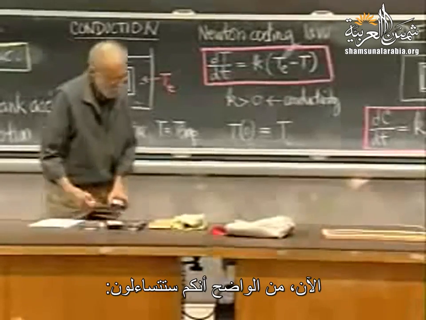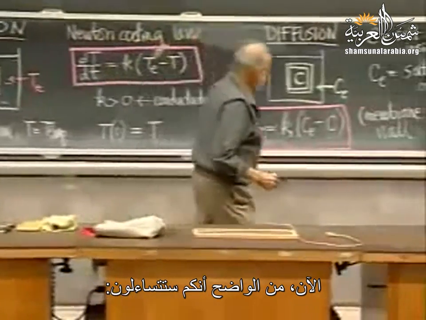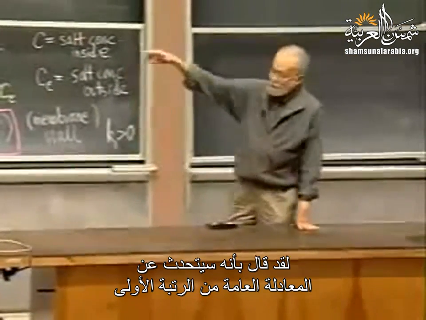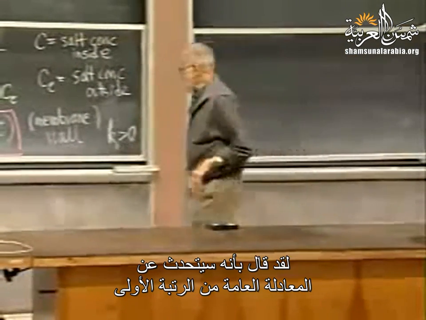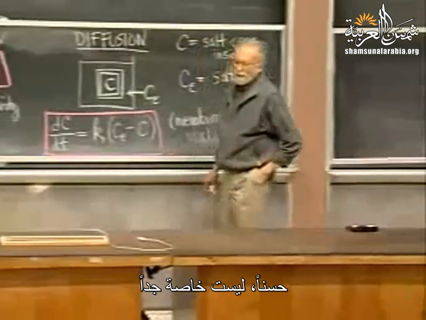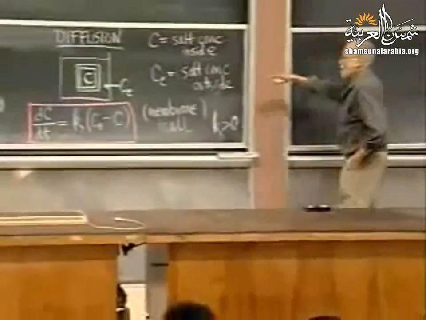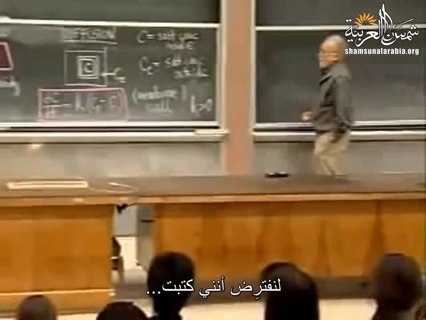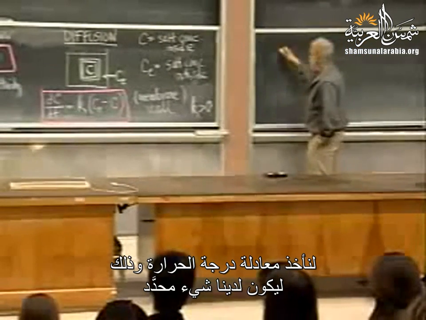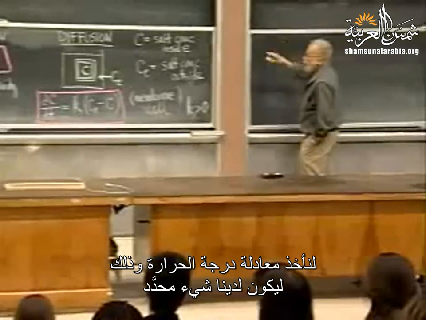Now, you obviously must be wondering, look, hey, these look very, very special. He said he was going to talk about the general first-order equation, but these look rather special to me. Well, not too special. How shall we write it? Let's take the temperature equation just to have something definite.